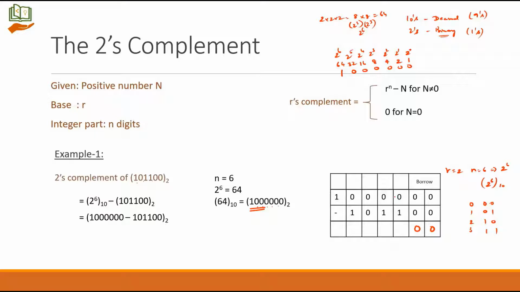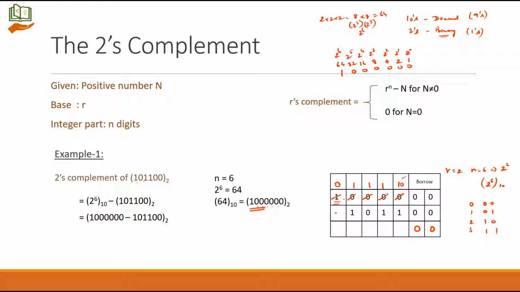We have to borrow from the previous one. 1 is present only here and in between you have only zeros. What you have to do is you have to borrow 1 here. This will become 0 and automatically every digit here will become 1. You are borrowing 1 from here. So this is becoming 10. That is the representation of 2.